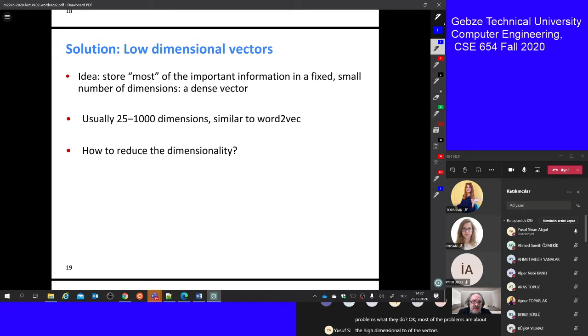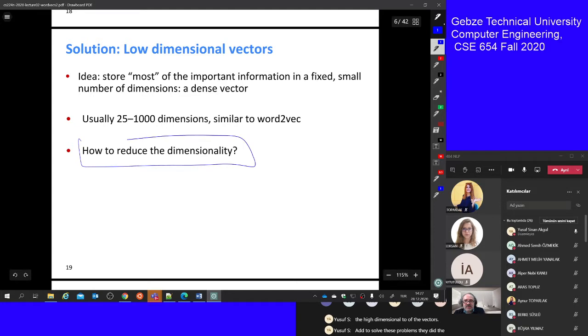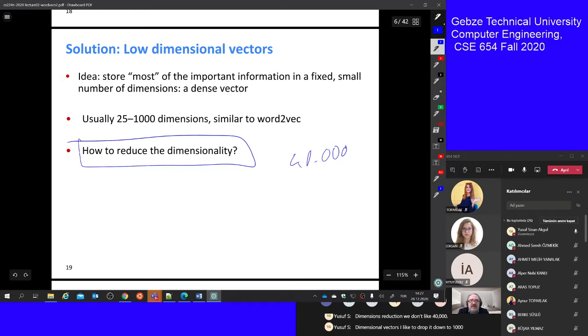To solve these problems, they did dimensionality reduction. We don't like 40,000 dimensional vectors. I'd like to drop it down to 1,000 dimensions or 25 dimensions or something in between, similar to word2vec. So how am I going to do that?